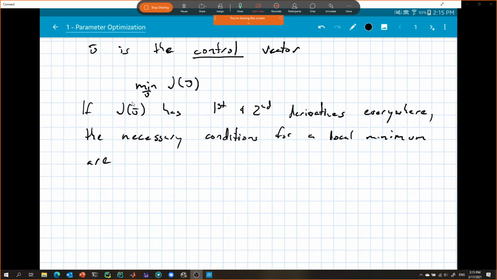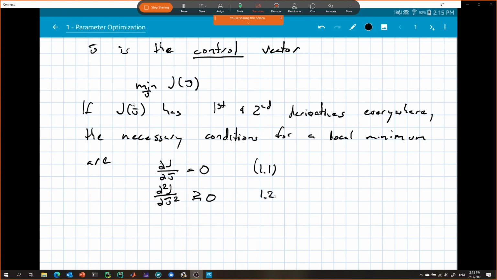then, just remember calculus, right? So we have the first derivative with respect to u is equal to 0, and that's 1.1. And then also the second derivative with respect to u, and these are vector derivatives, is greater than or equal to 0.